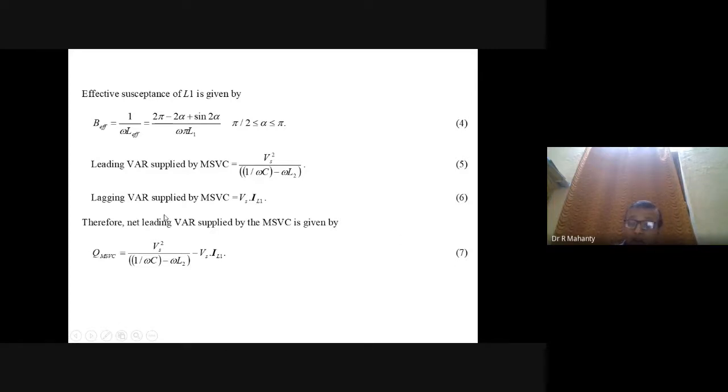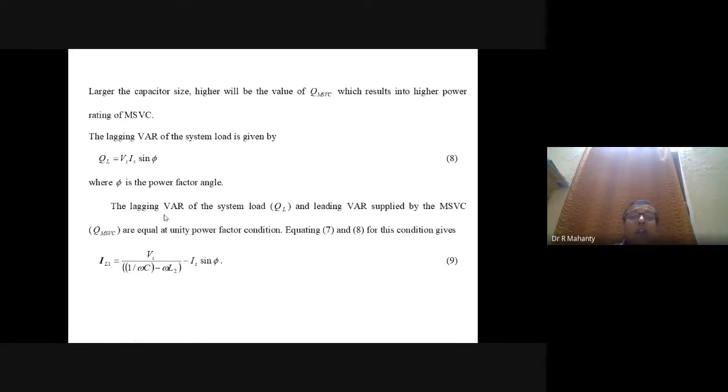Now, what we are doing is that larger the capacitor size, higher will be the value of QMSVC, which results into higher power rating of MSVC. The lagging VAR of the system load is given by QL is equal to Vs into Is into sine phi, where phi is the power factor angle.